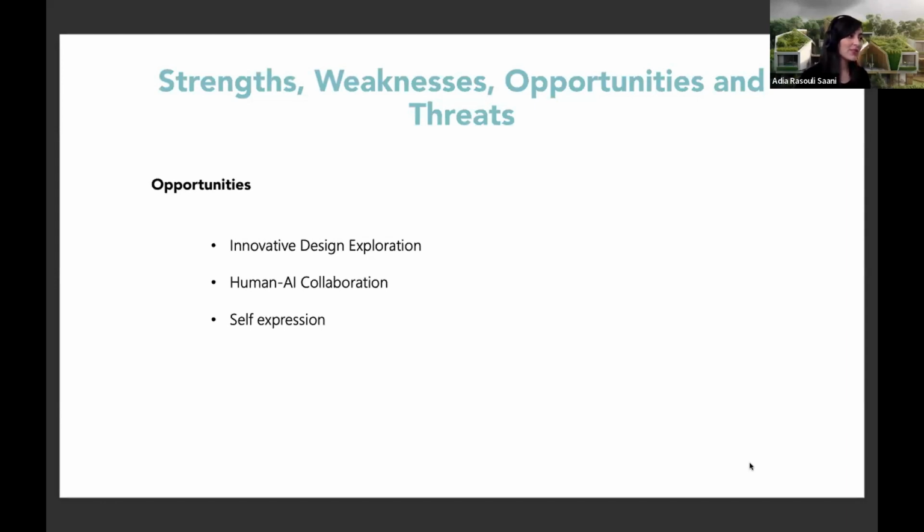AI generative tools can empower individuals to express their creativity and unique perspectives in new and exciting ways. These tools provide a platform for self-expression by enabling users to interact with algorithms that can interpret their inputs and preferences.